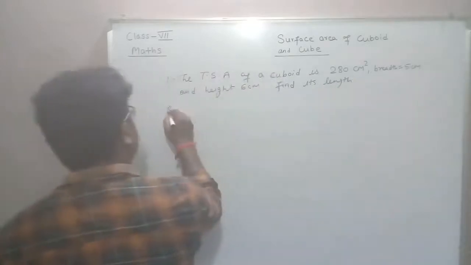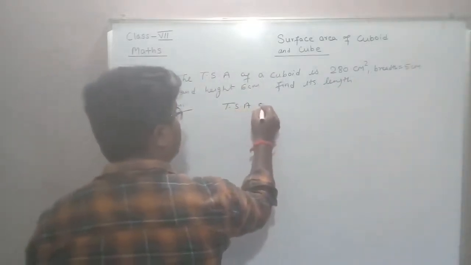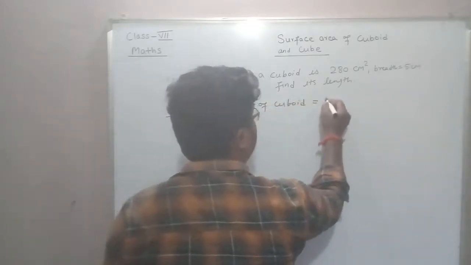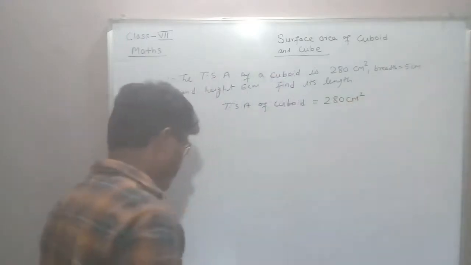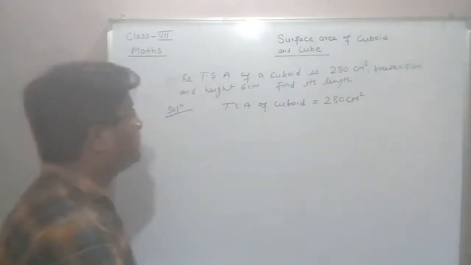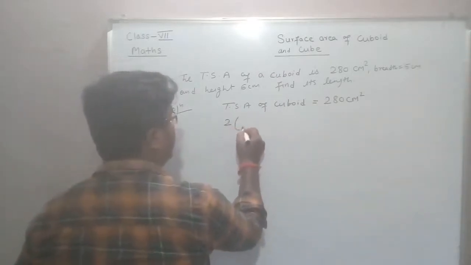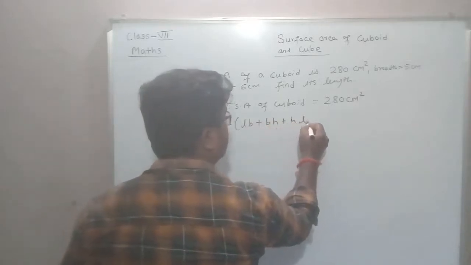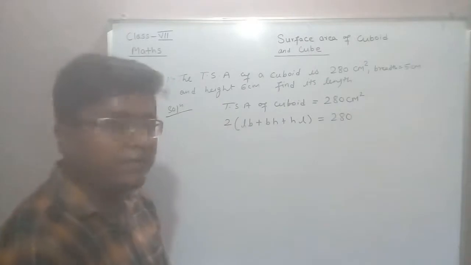So here also, what is given to us? The total surface area of the cuboid is given to us, that is 280 cm square. Okay, so now let's write the formula for total surface area of a cuboid, that is 2 in bracket LB plus BH plus HL is equal to 280. Now let's put the values.